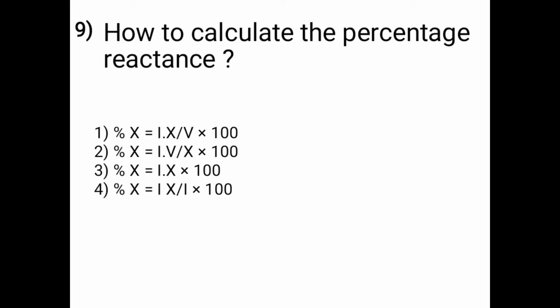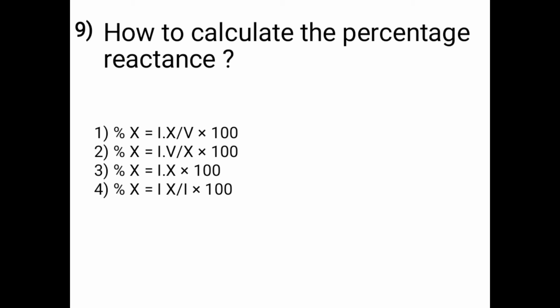Options are: first, percentage reactance is equal to current into reactance divided by voltage multiplied by 100, or second, percentage reactance is equal to current multiplied by voltage divided by reactance multiplied by 100, or option 3, percentage reactance is equal to current multiplied by reactance multiplied by 100, or fourth option, percentage reactance is equal to current multiplied by reactance divided by current into 100.